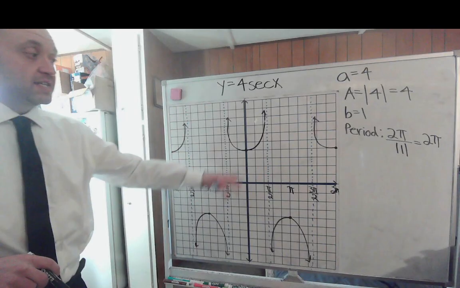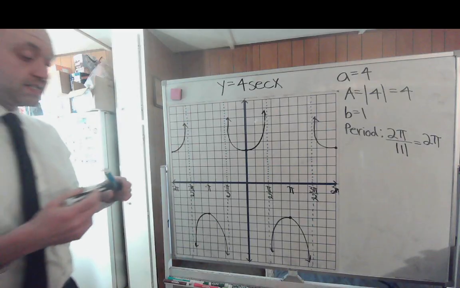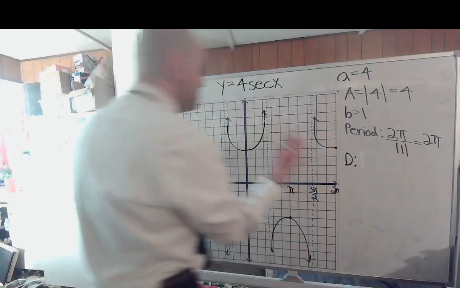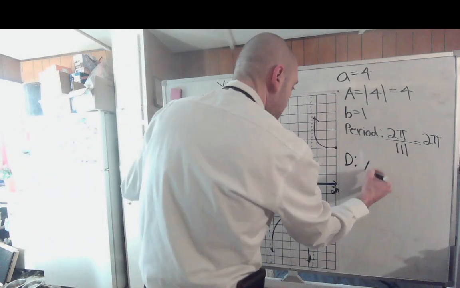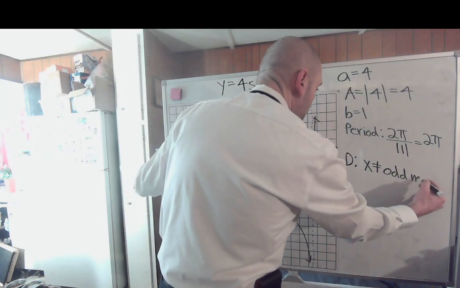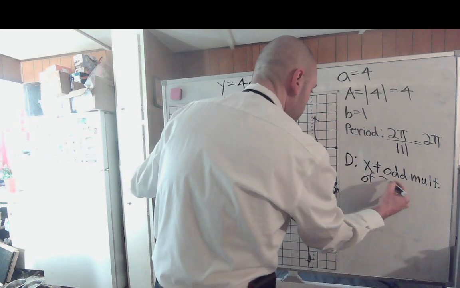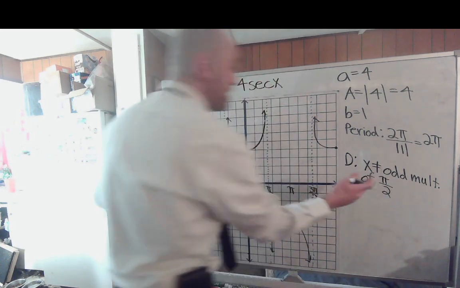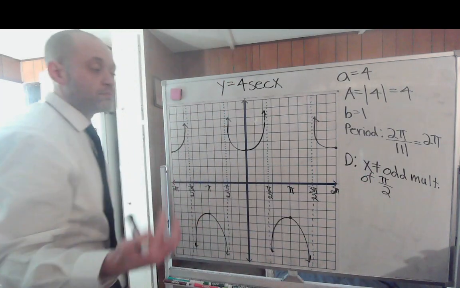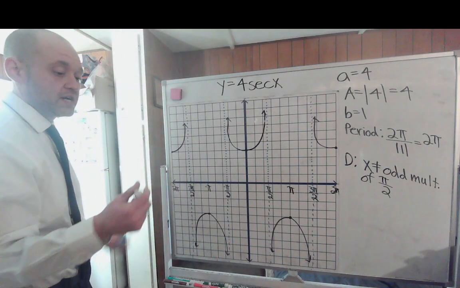Even greater distance between the positive and negative values. All right, so your domain is going to be the classic x not equal to odd multiples of pi over 2. It's defined for all real numbers except x equaling odd multiples of pi over 2, where it's not defined.